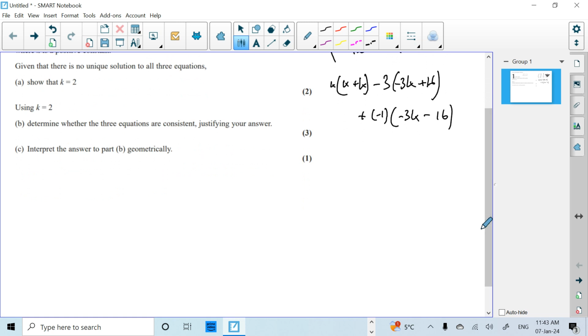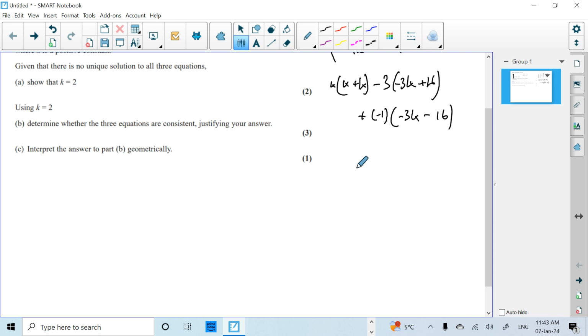And now, of course, we're going to expand that out. So that leads to 2k squared plus k squared. That gives me k plus k.